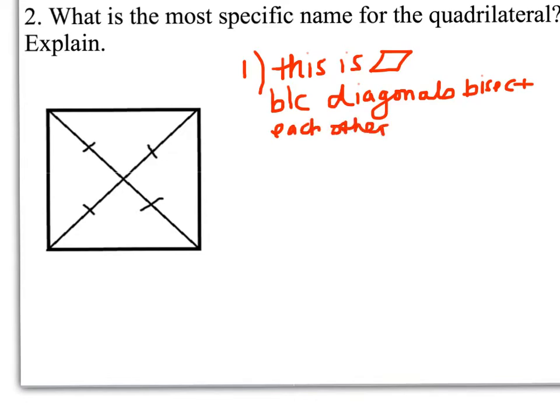Okay, so we're in the world of parallelograms, and now we want to see if we can get even more specific. Can I say that this is a rhombus? Can I say that this is a rectangle? Well, we know that there's a theorem that says because this is a parallelogram with congruent diagonals, you can see they're made up of the same size pieces, so the diagonals are congruent, then this is a rectangle.